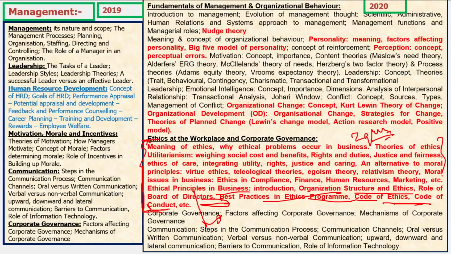But then these parts are entirely things that you might not have done, because you did not need to according to the old syllabus. But now you would need to do it. Whether it is meaning of ethics, why ethical problems occur in business, theory of ethics, rights and duties, justice and fairness, integrating utility as an alternative to moral principles, all these theories, egoism theory, teleological theory, relativism theory, you would need to learn in detail now.